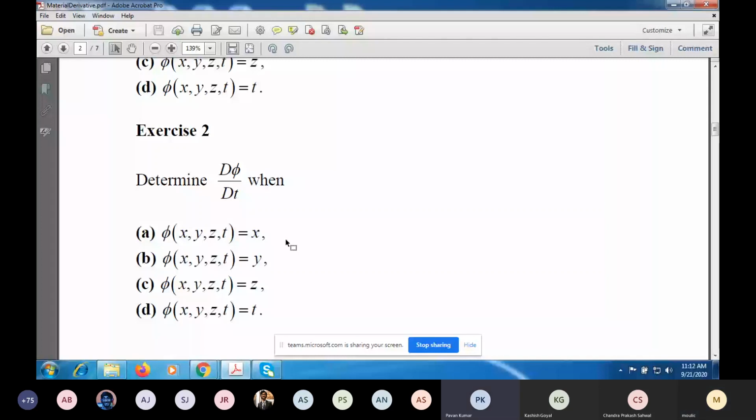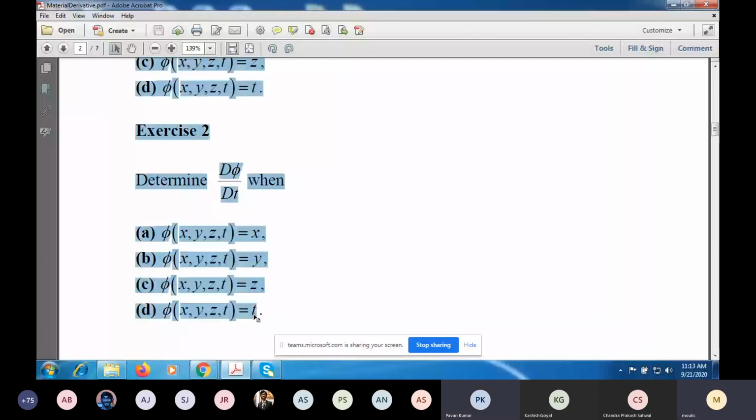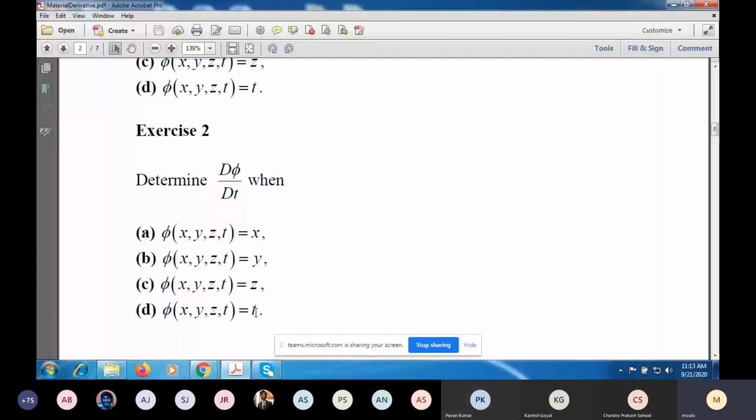Velocity in the x direction. So you expect it to be the velocity. So this would be the x component of velocity, b would be the y component of velocity, c would be the z component of velocity. What about the last one? 1. That's what you expect.